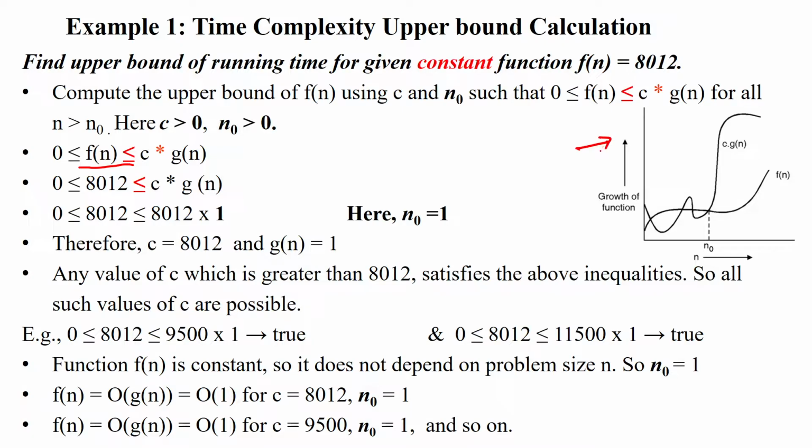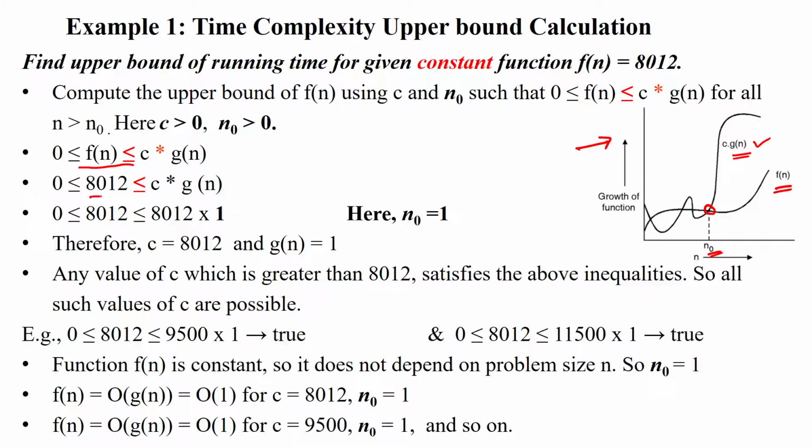The given figure shows f of n should always be less than or equal to c into g of n from n0 onwards. So n0 is the initial value. From n0 onwards, f of n is always less than or equal to c into g of n.